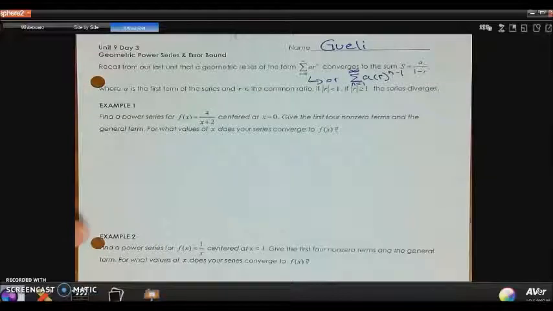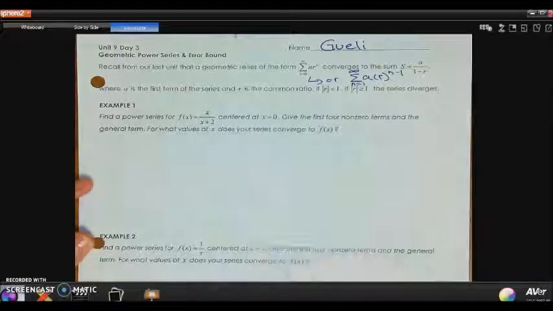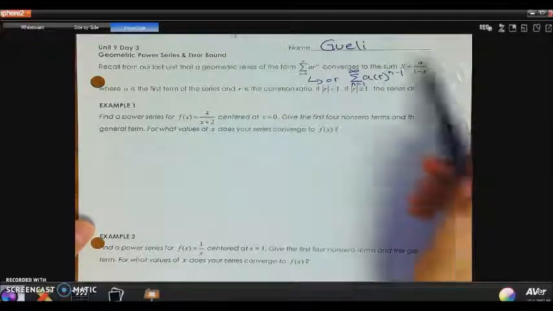So in example 1, it says, find a power series for f of x centered at x equals 0. Give the first 4 non-zero terms and the general term. And for what values of x does it converge? So what we want to do here is, if it converges, you have to kind of work backwards. If it converges, then we know that the sum would be this thing.